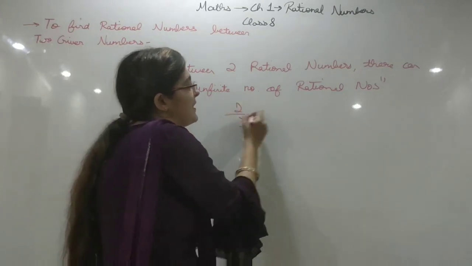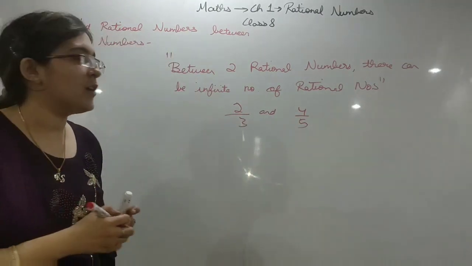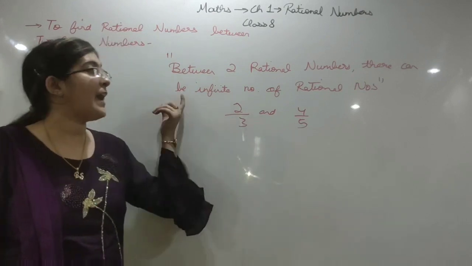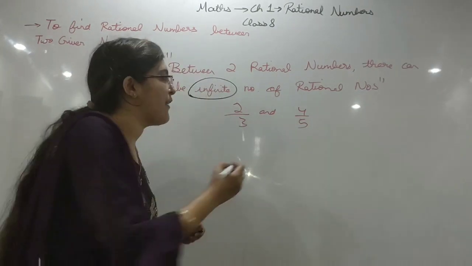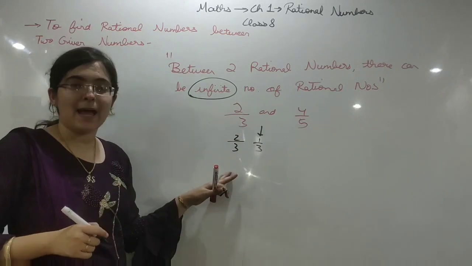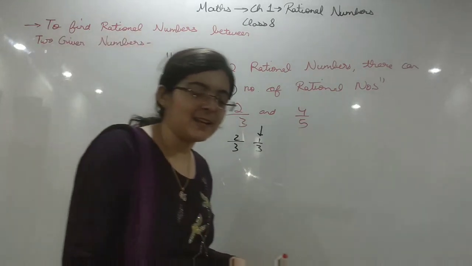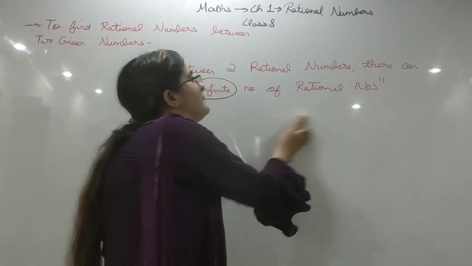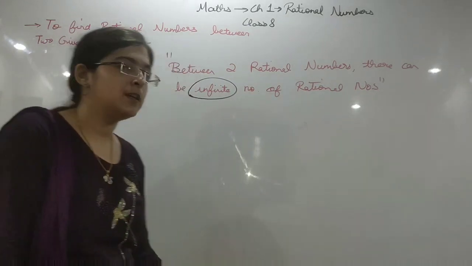If I wrote 2 by 3 and 4 by 5, find 2 or 3 rational numbers between them. How many numbers can we find? We can find infinite. Why? Because if I have found one number, like this example, now between these we can find infinite. Are you understanding, students? You have to remember this, that between two numbers we can find infinite rational numbers. Note it down.